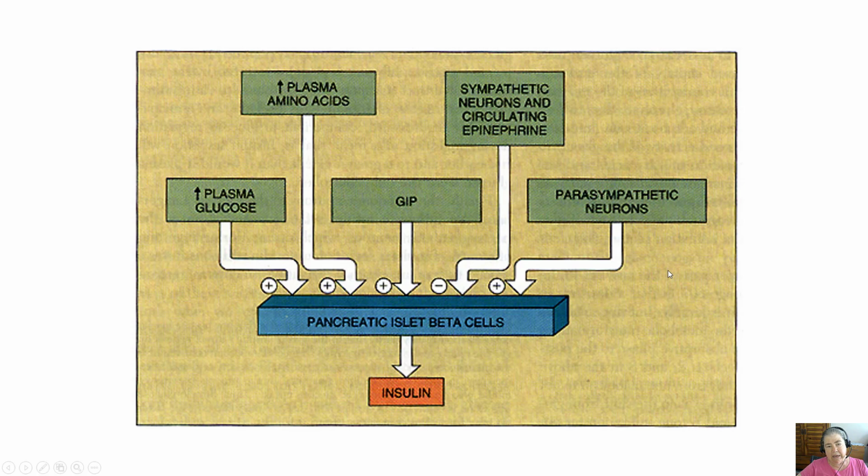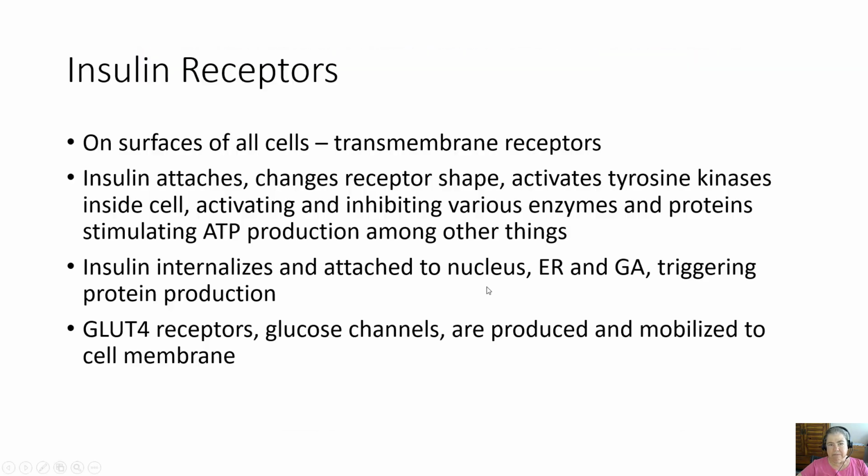There is a hormone called gastric inhibitory polypeptide that causes the release of insulin when food hits the stomach. We talked about how the parasympathetic neurons trigger the release of insulin. So parasympathetic signals acetylcholine, and how sympathetic signals, both from sympathetic neurons and circulating epinephrine, inhibit the release of insulin.